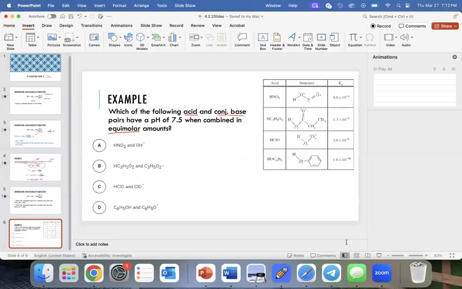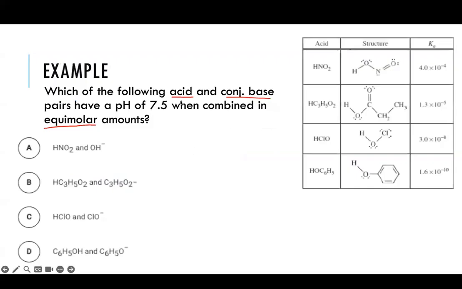So using that rule, I'm going to go back to this problem. If they are equimolar, that means the whole log term goes to 0. So pH is equal to pKa in this particular example.